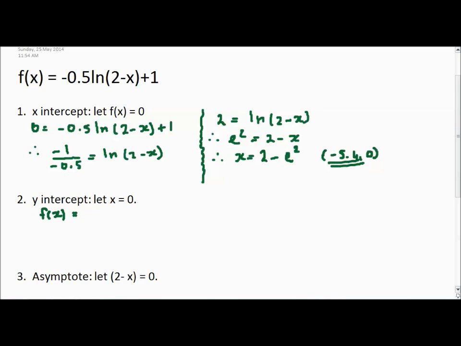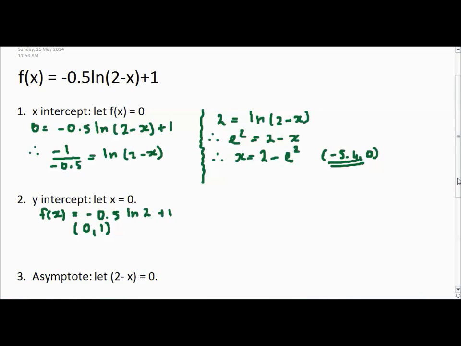It's equal to 0.5 ln 2 plus 1, and that's approximately equal to 0. Actually, it's very close to 1 in fact, so approximation only, of course, 0, approximately 1.